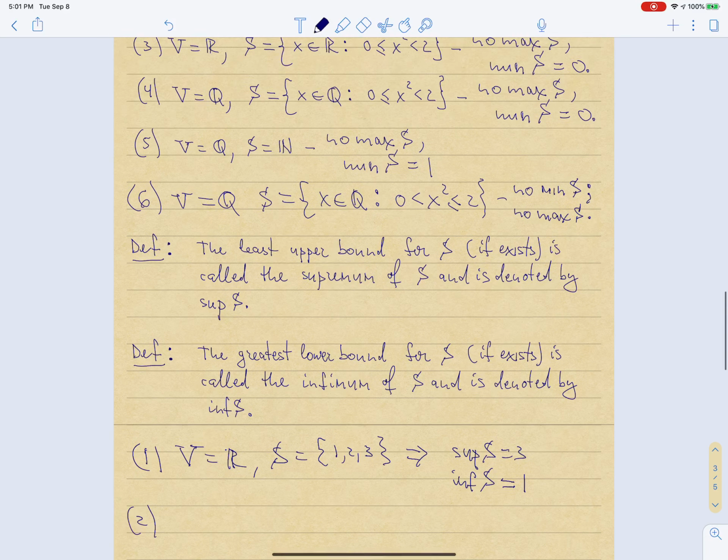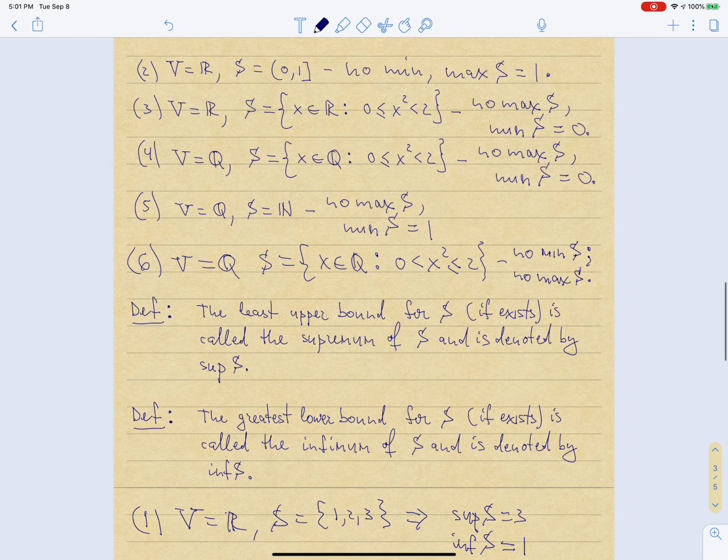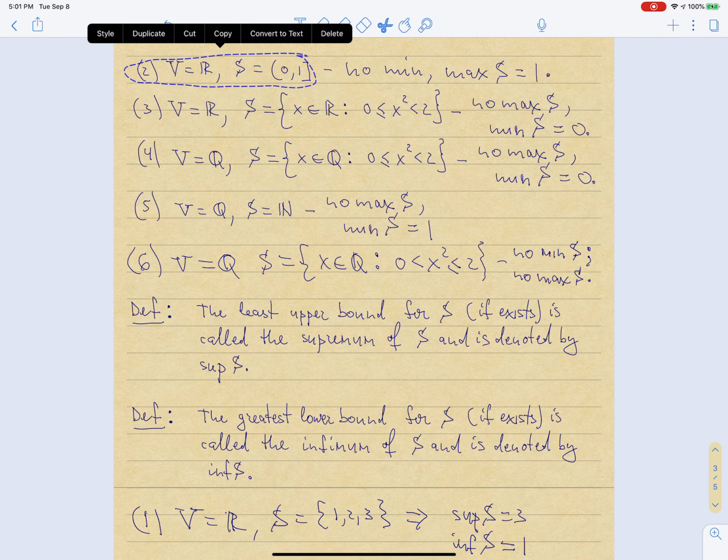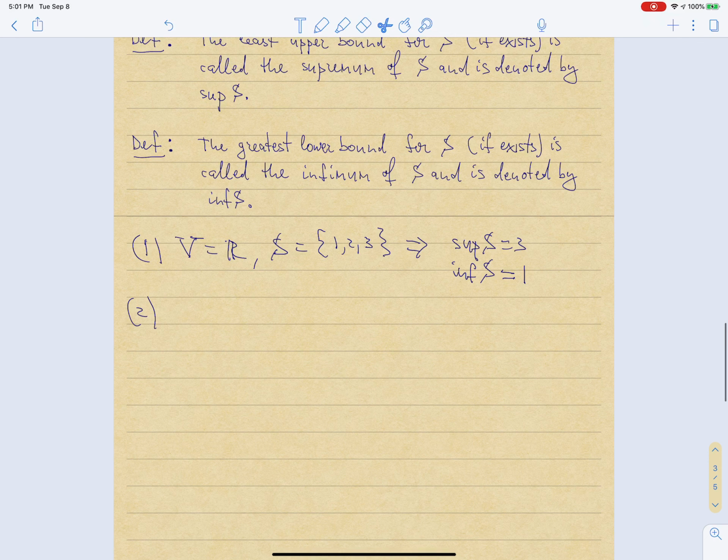Number 2. So let's do this one. This set satisfied the following property: the maximum exists and is equal to 1, and a minimum does not exist, because the minimum would be 0, but 0 is not included in the set.